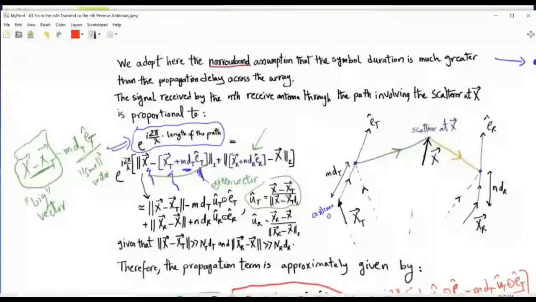So what is u_t? It is x minus x_t, normalized, of course. So with x minus x_t, you are basically getting a vector connecting specifically antenna 0 to the scatterer.